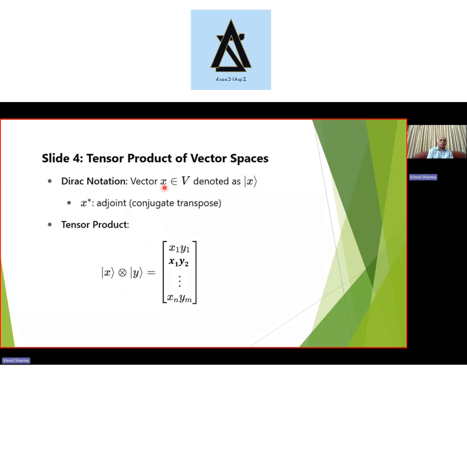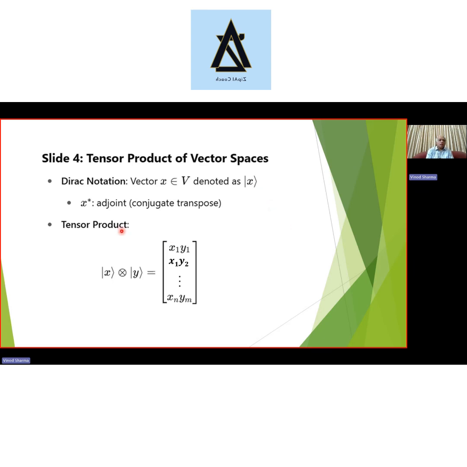So any vector X in quantum mechanics using Dirac notation will be denoted by this. X star is the adjoint of X, and that is denoted by taking just this triangle symbol here, X, and then this.